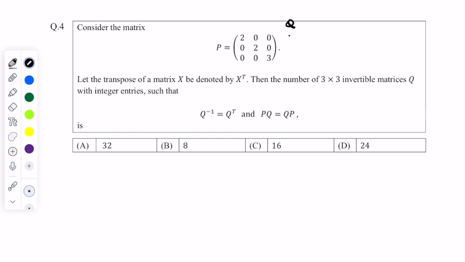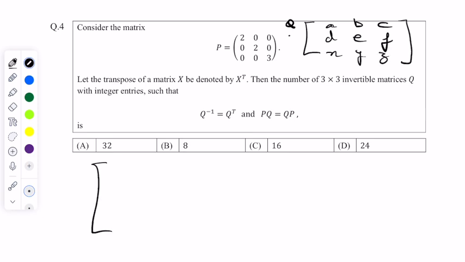But coming to this one, if we talk about the matrix we have, let's assume Q is a b c, d e f, and x y z. If we take its product, because this is nice, we got a diagonal matrix, we can just directly multiply.